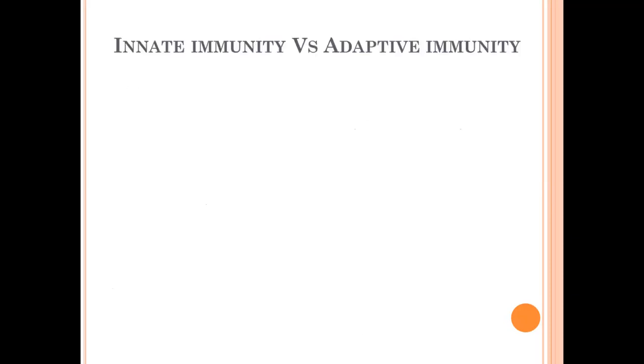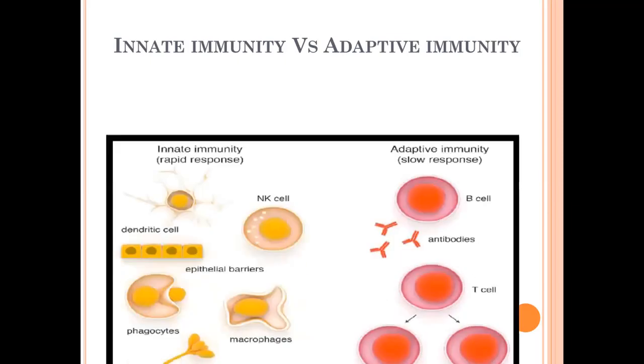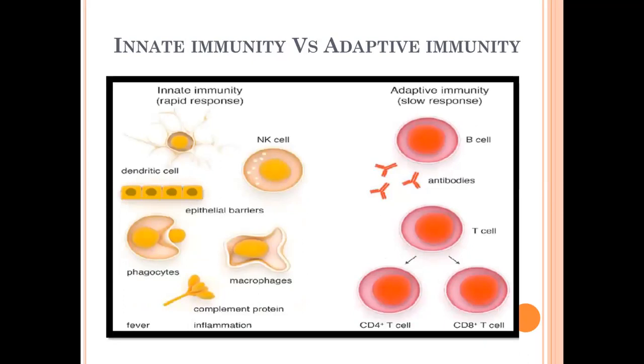Now coming to the last part of this particular discussion, how they are differentiated. Innate immunity is always rapid, by way of epithelial barriers, macrophages, fever, inflammation, and activation of phagocytes, and it is very rapid.